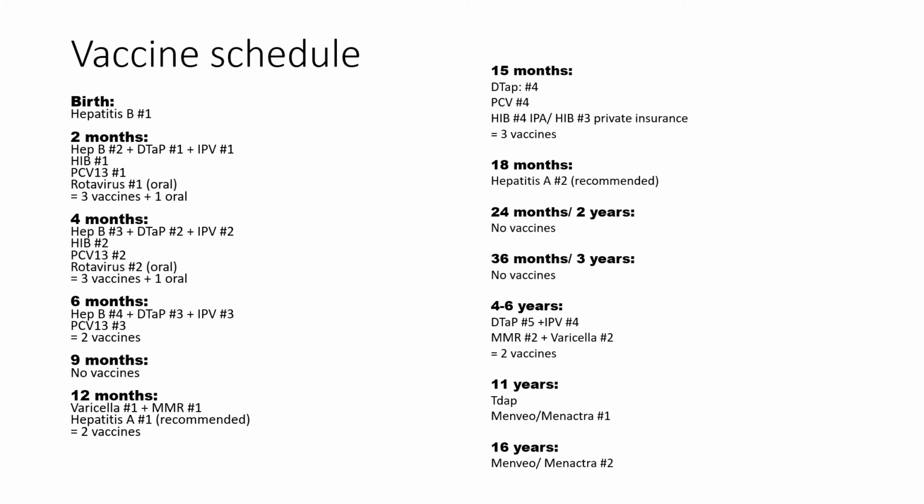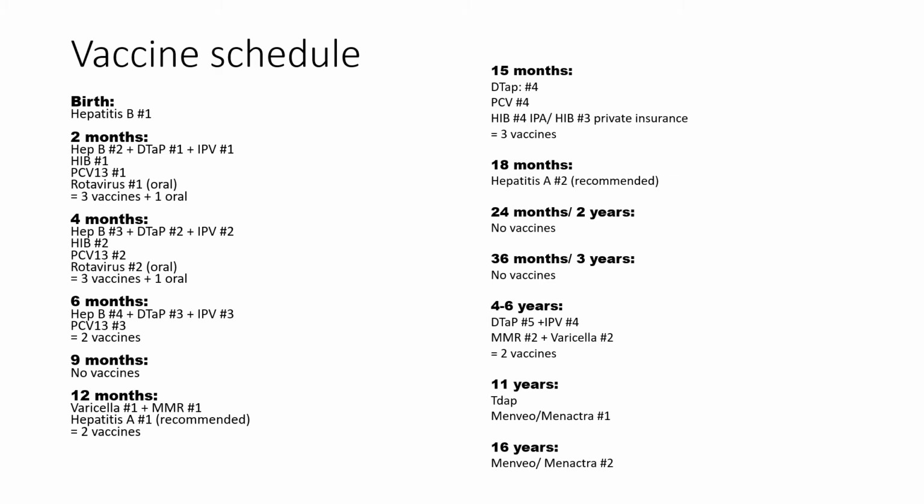And so at 2 months, in theory, they would get 3 vaccines and 1 oral vaccination, the rotavirus. And then as you can see from there, for 4 months, 6 months, etc., what their combination vaccines are and how many they would receive at each of those subsequent visits that they have.